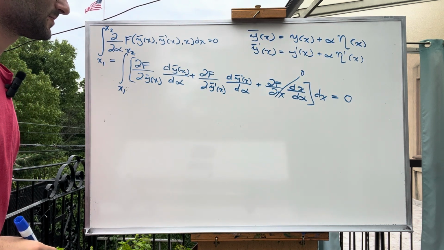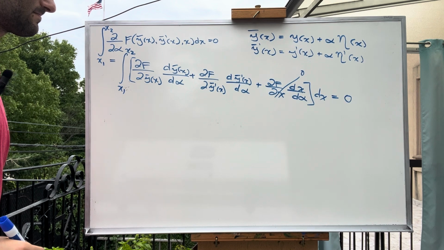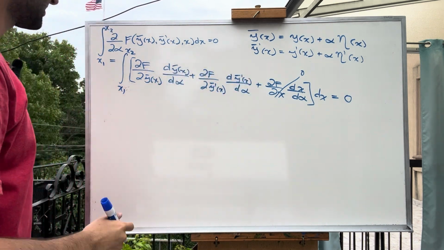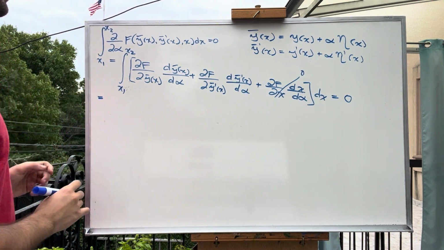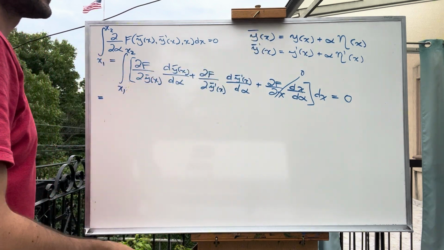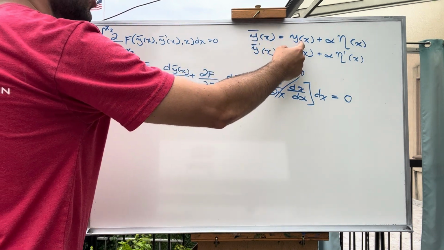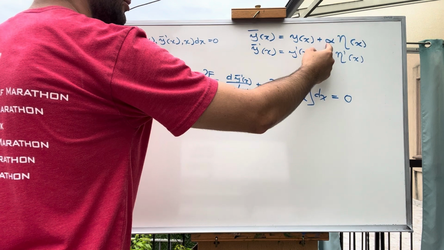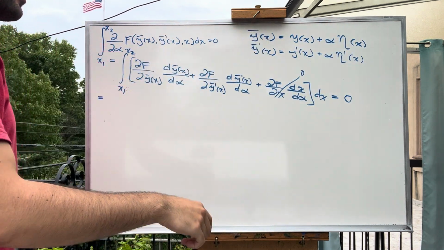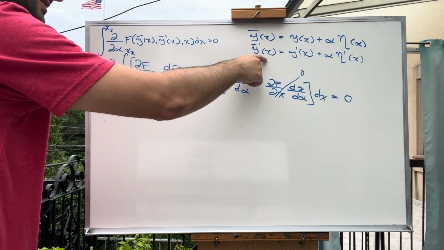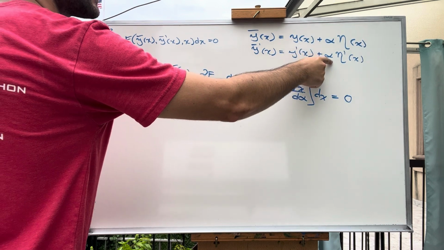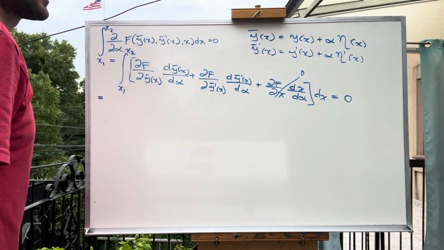Now all we have to do is find the derivatives of these functions. We can see that from our expression of y bar of x as we defined it, as it equals y of x plus the parameter alpha eta of x, when we take the derivative of y bar of x with respect to x, we simply get y prime of x plus alpha eta prime of x.